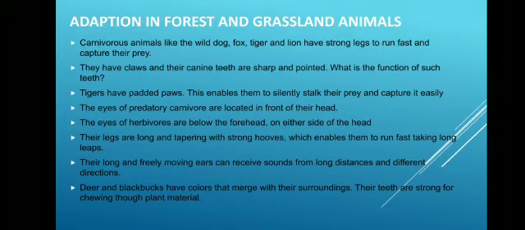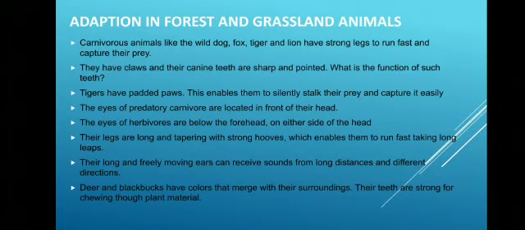They have claws and their canine teeth are sharp and pointed. For what? For tearing the animal. Understood? They have sharp, pointed canine teeth to tear the animal's skin.